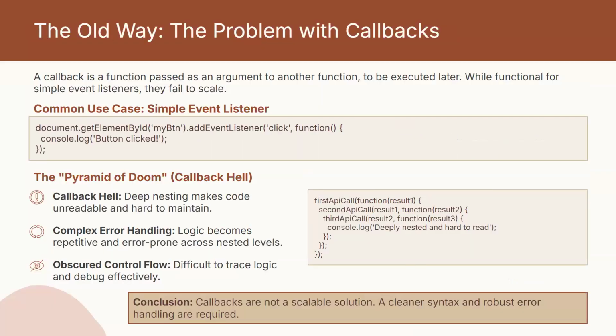And then there's the traditional way we used to handle this before promises came along. JavaScript handled asynchronous operations using callbacks. A callback is simply a function passed into another function to be executed later. For example, whenever an event happens or when the data finishes loading from the fetch call.